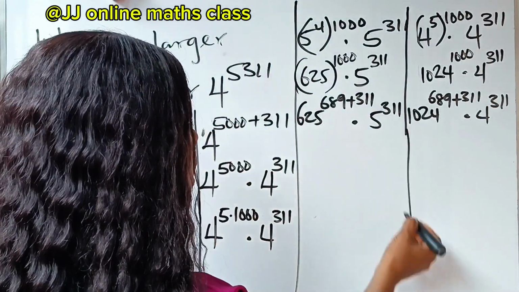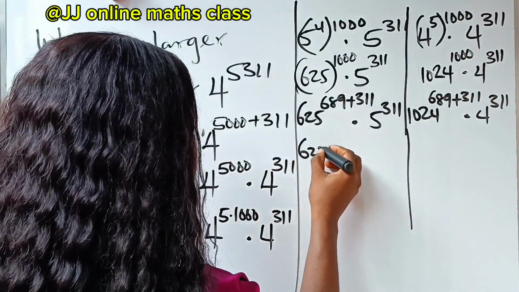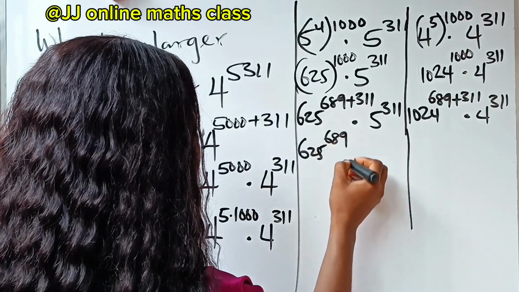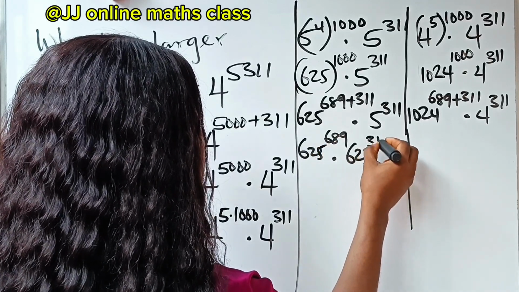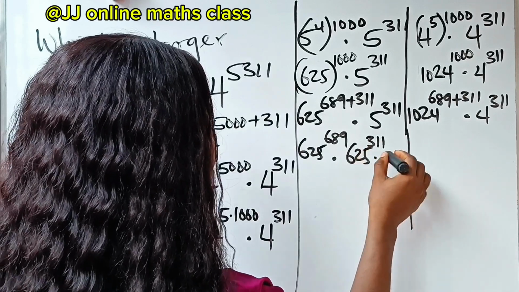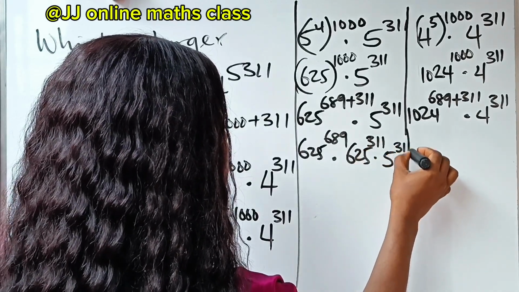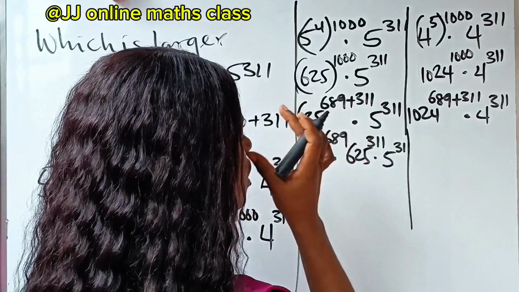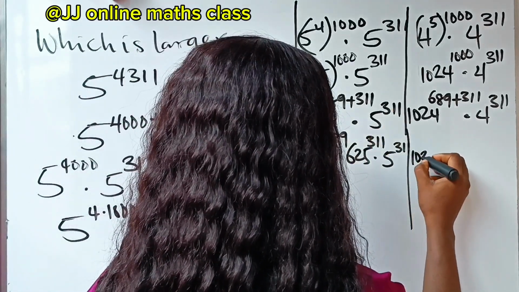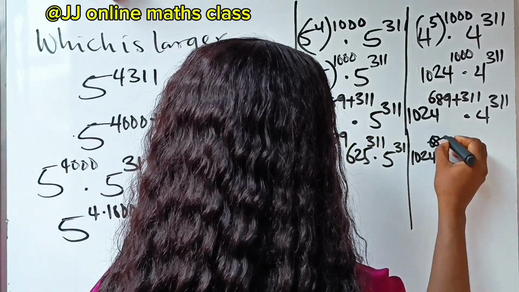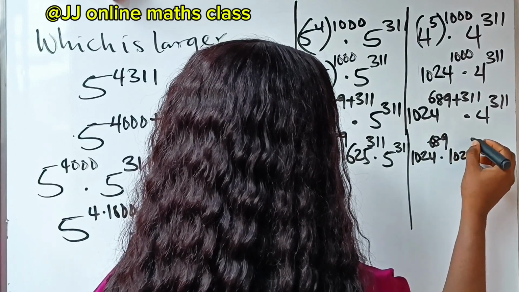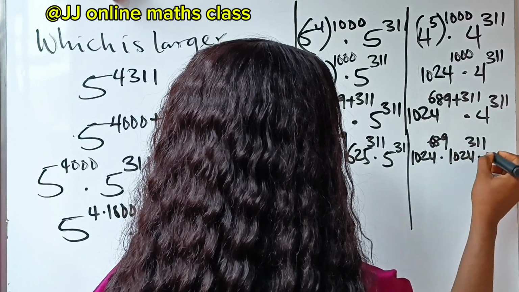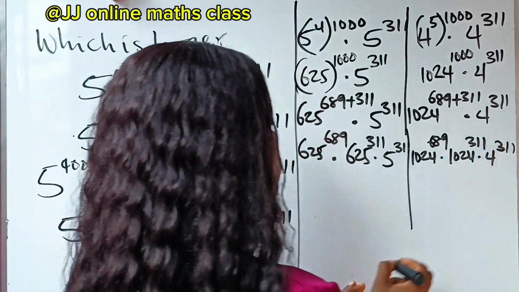Okay, so we go ahead and solve. So this is the same thing as 625 raised to the power of 689 multiplied by 625 raised to the power of 311 multiplied by 5 raised to the power of 311. Then for this side, it is 1024 raised to the power of 689 multiplied by 1024 raised to the power of 311 multiplied by 4 raised to the power of 311.